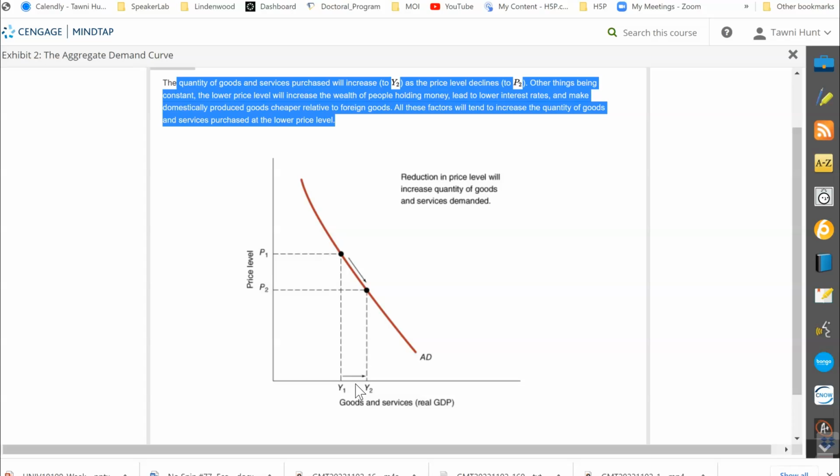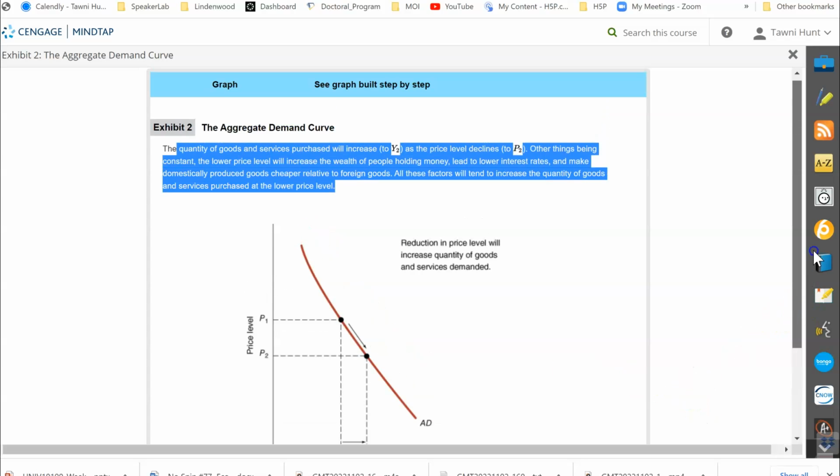So a reduction in the price level, and we usually use the consumer price level from CPI 1 to CPI 2, will result in an increase in the quantity of goods and services demanded in real terms. That means the quantities have been valued using their base year prices.